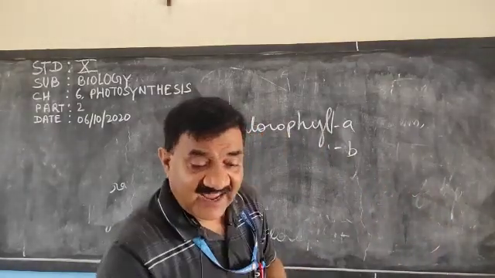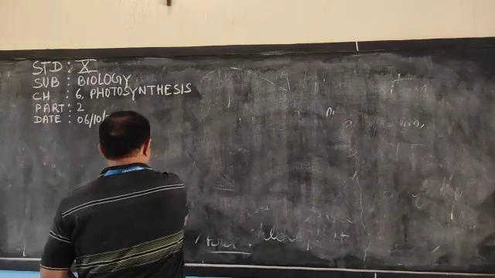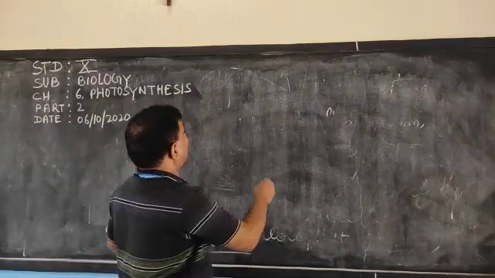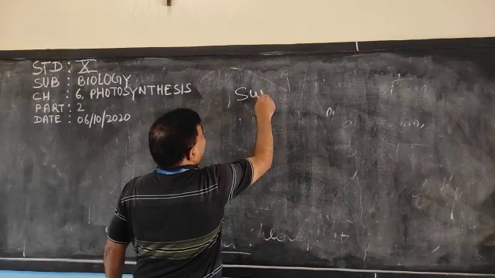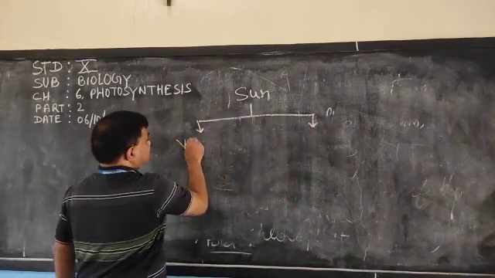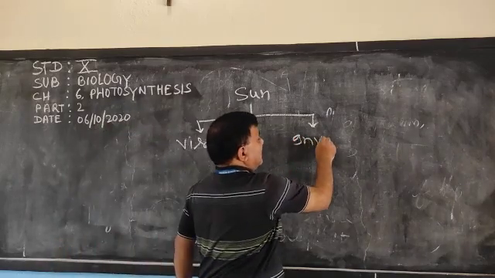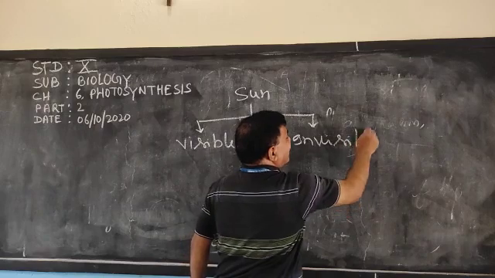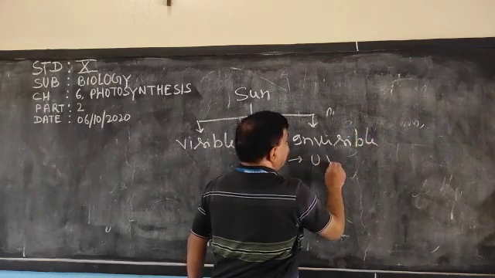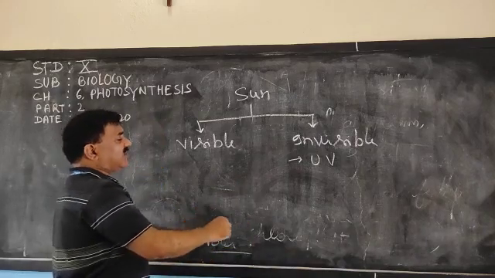Dear children, actually the sunlight radiates two types of rays. One is visible and the other is invisible. Invisible, for example ultraviolet, we are not focusing on this.